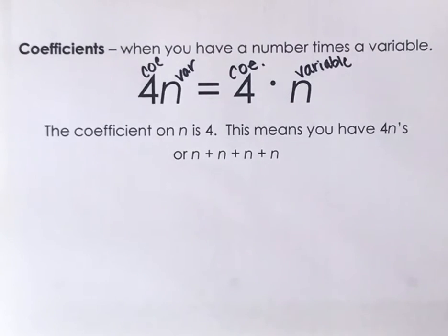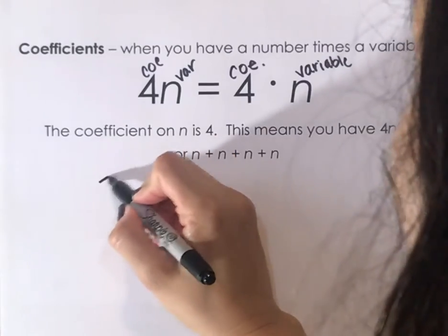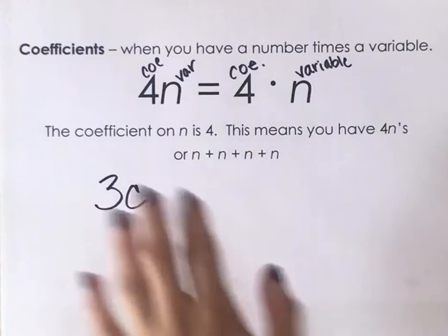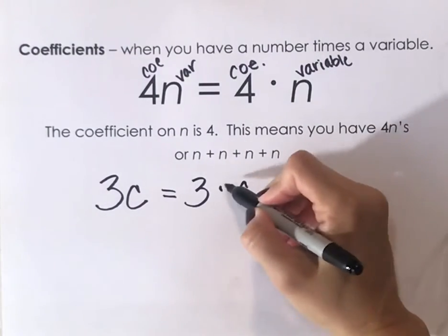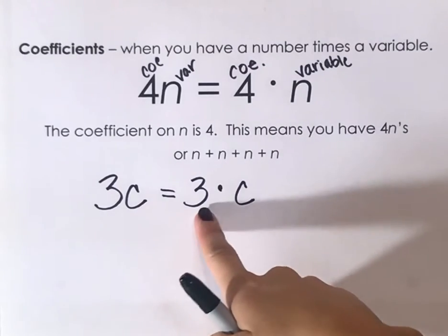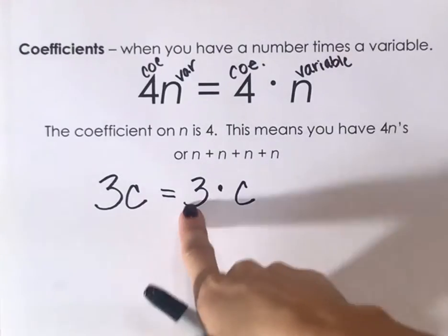So here's another example of a coefficient. You might think of something like 3c. Okay, so 3c is equal to 3 times c. And for this problem, I would say the coefficient of c is 3.